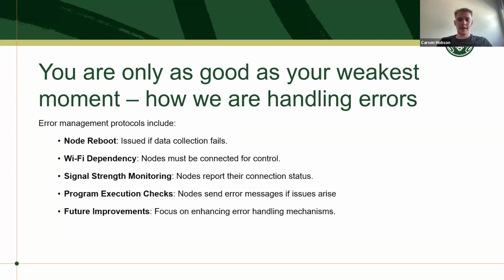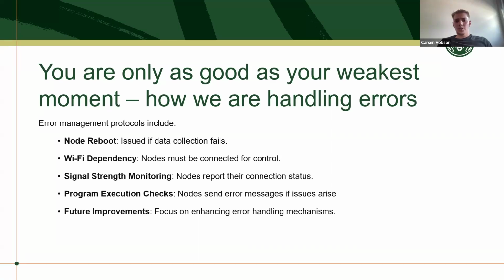But one thing we have added for the network connection, it will report the connection status. So how strong the Wi-Fi signal is, which I've tested many times in my house and it works. I can get it down to like 10% strength and it will still send data to the central hub.